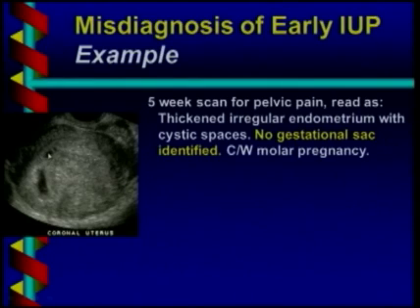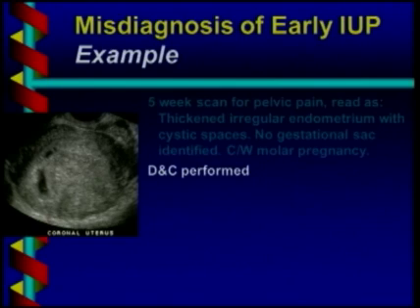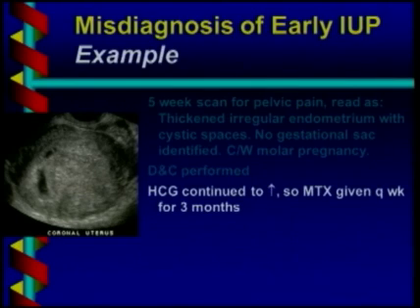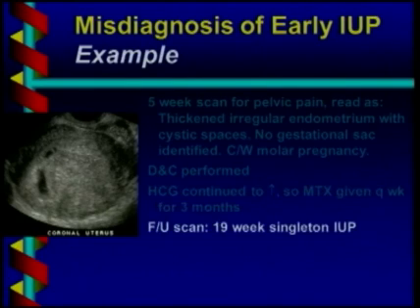So they saw these two fluid collections. They thought they weren't pregnancies, but they thought the fluid collections indicated a molar pregnancy. Because of that, a D&C was performed to treat the presumed molar pregnancy. Despite the D&C, the HCG continued to rise, so methotrexate was given once a week for 3 months.